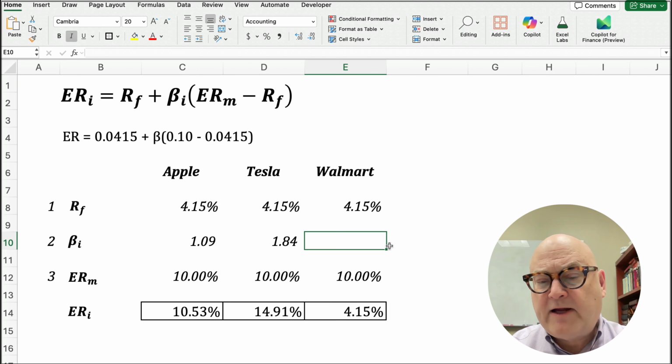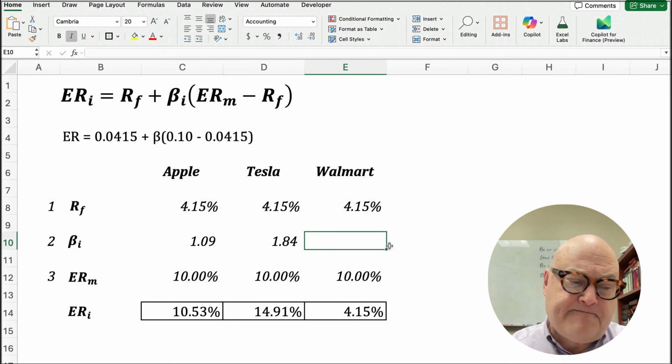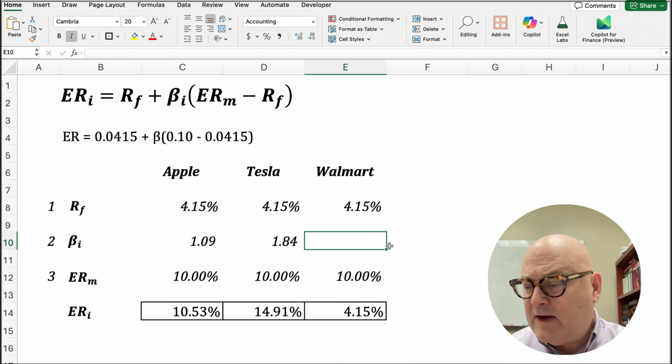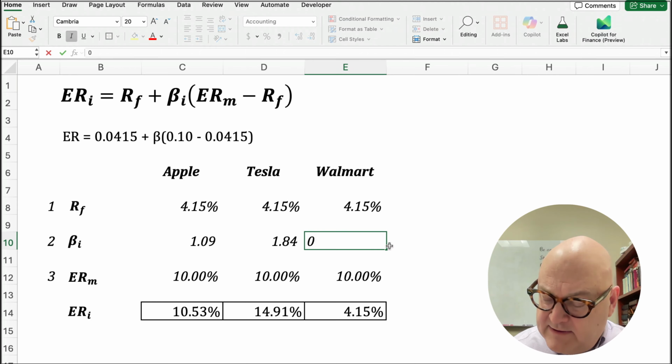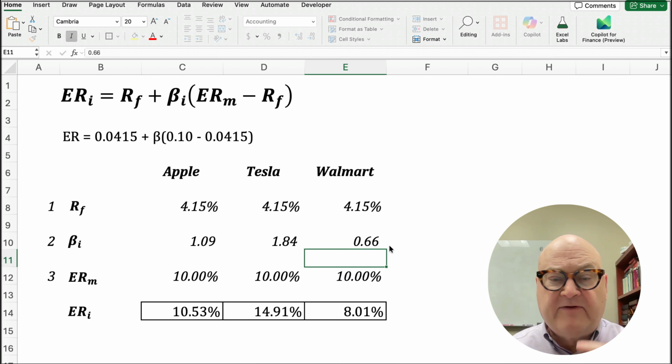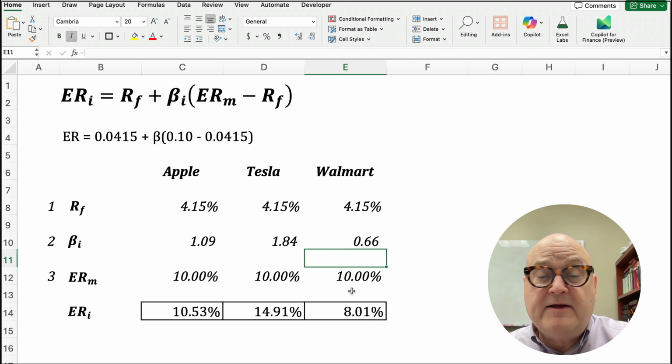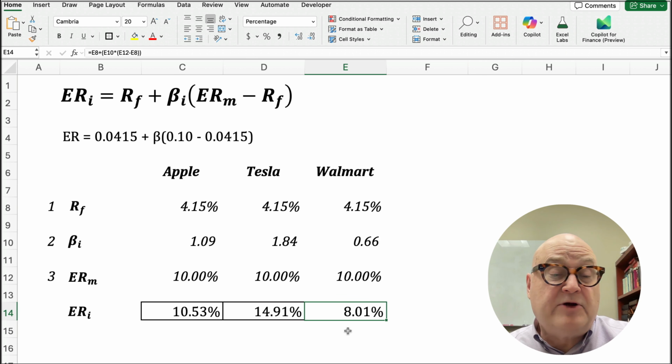If the market goes down, there's a slowdown of the economy, people still need to buy staples at Walmart. So actually Walmart's beta is 0.66. So about 1/3 less risky. So therefore, if you buy Walmart, then your expected return is going to be about 8%.